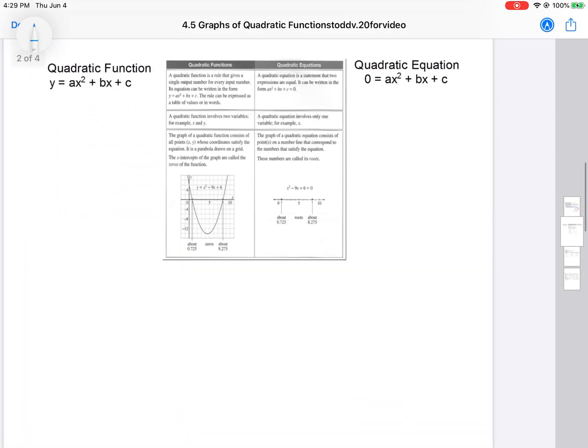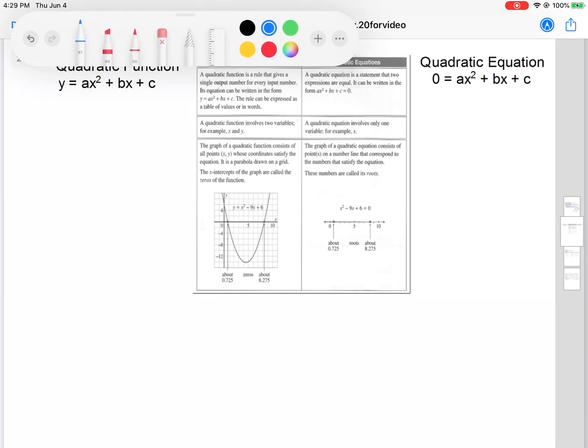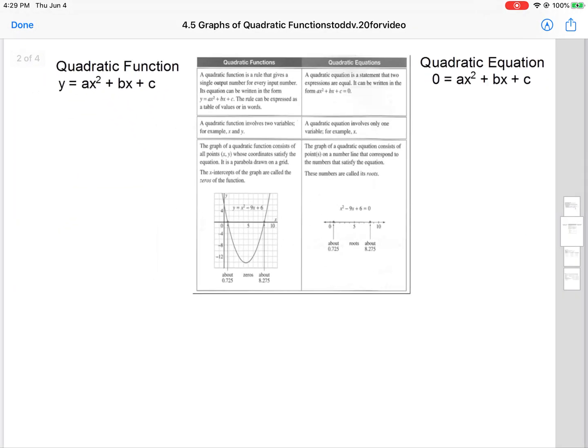So we have these two ways that we can talk about quadratic systems. Sorry. So here we have a function where it just says y equals. It doesn't really tell you what that y value is yet. So we have a quadratic function. It gives out a single number for every input number.